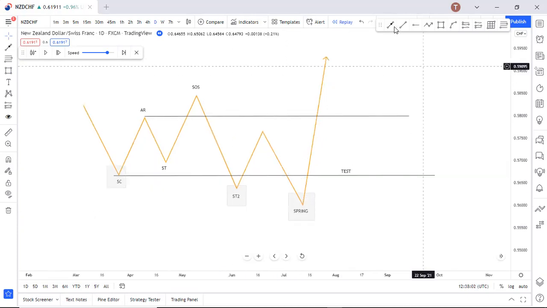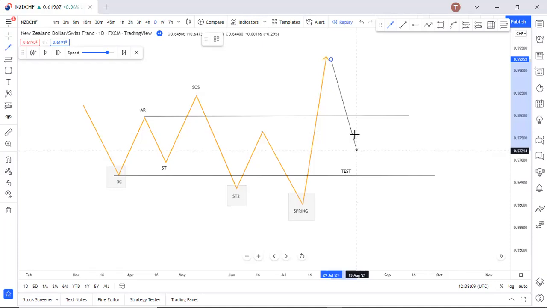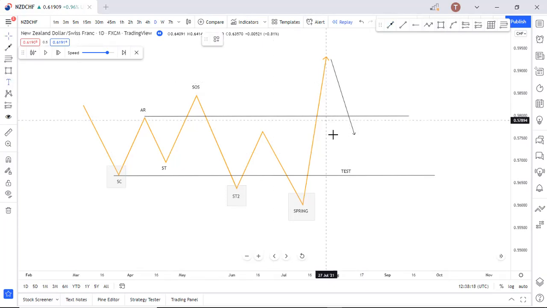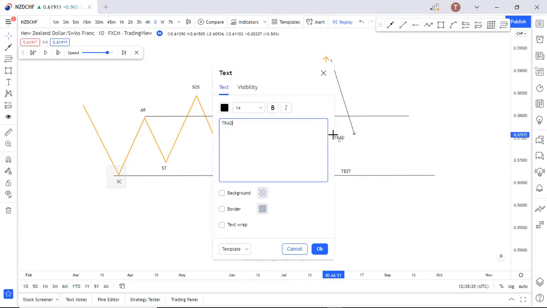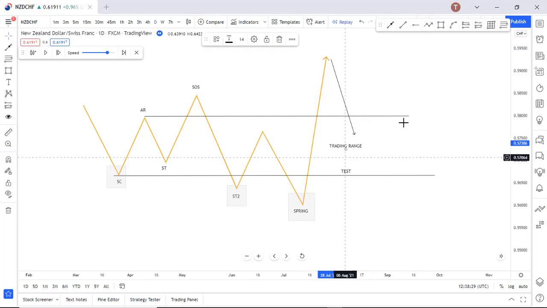All you then need to wait for is for price to come back down into this region. Okay, this region between the selling climax and the automatic rally is what we call our trading range. In this range we want to look for our buy in the market.